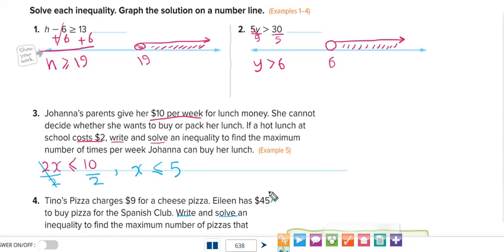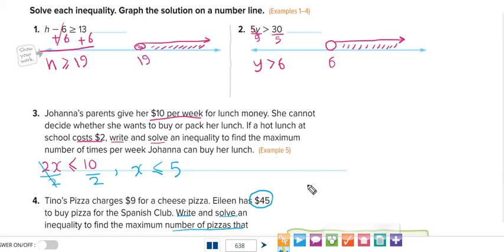Of course, this is the amount of money she has, so she can spend 45 or less. And Tino's Pizza charged $9 per pizza. And we need to know the number of pizzas. Let's say that the number of pizzas will be n.